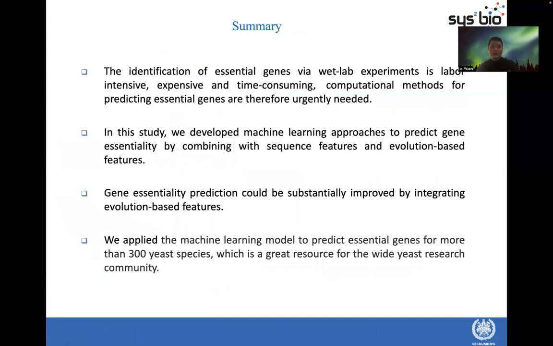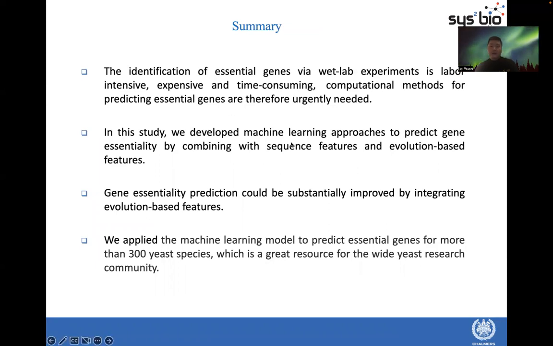Okay, finally, let's give a final summary. In this presentation, the identification of essential genes via wet-lab experiments is time-consuming and expensive. So computational methods for predicting essential genes are urgently needed.